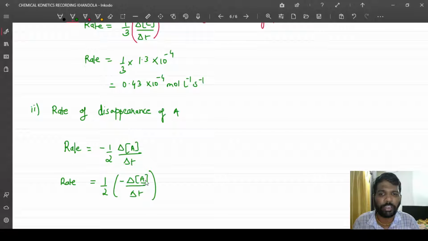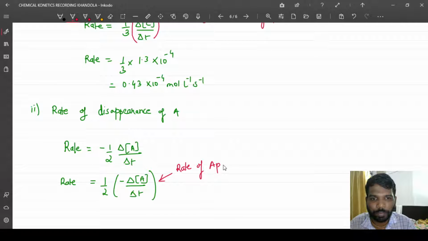So negative into negative becomes positive. So this bracketed term is the rate of appearance of A. I will write that same equation in terms of that.